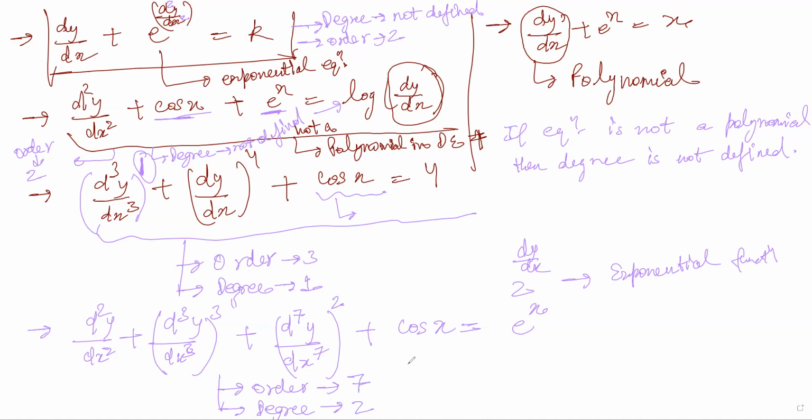Is it correct? Yes. Okay, so let's change this equation to this. Now, what's the order and what's the degree? Is that y dash? Yes, y dash. So order is the same, 7, but degree is changed to 1. Will degree be not defined, sir? Not defined. Yes. Correct.